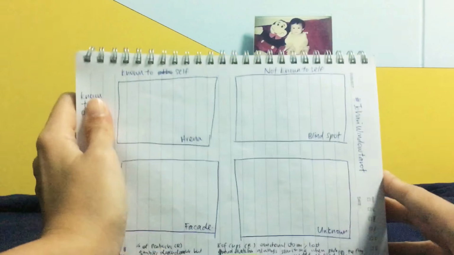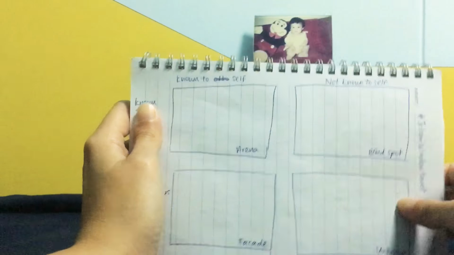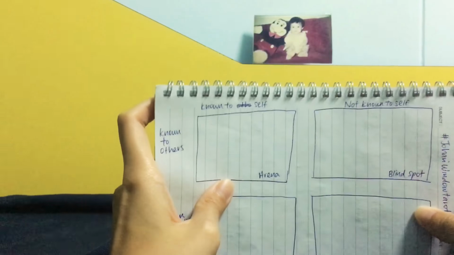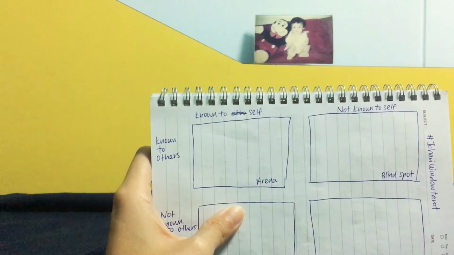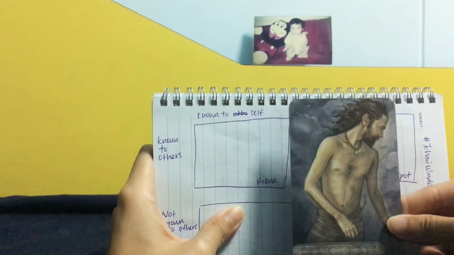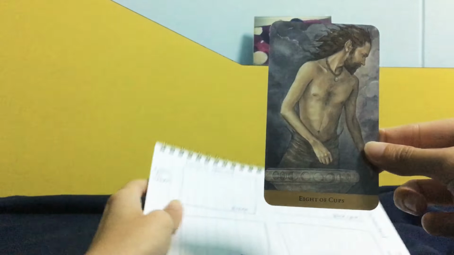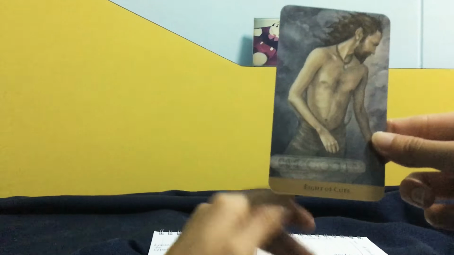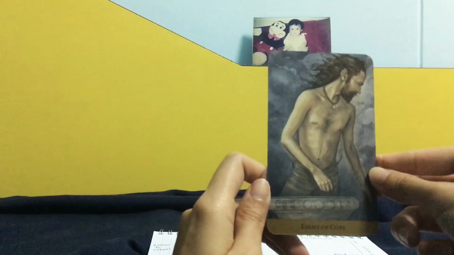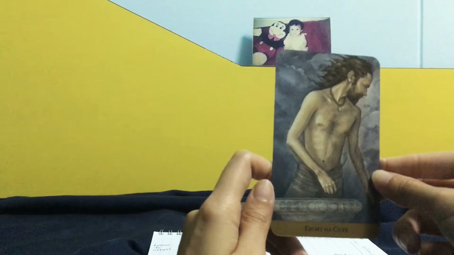So I'll go on to not known to self, but known to others. So it's this card, the 8 of Cups, which I was also a bit thrown off because I don't know what it means.